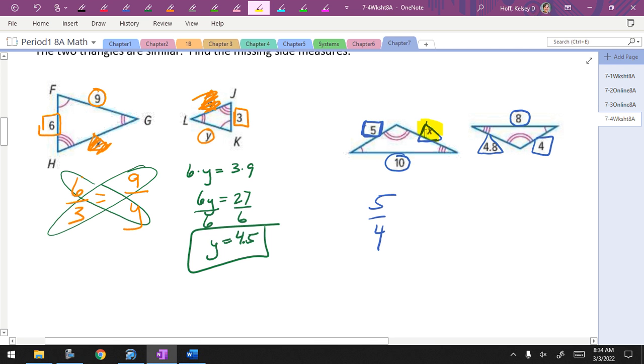And what matches with x? 4.8. Okay, which one of those is in the same shape as 5? X. This is the same triangle, so x is going to go on top. And it matches up with 4.8. Cross multiply on your own right now. See what you get for x.